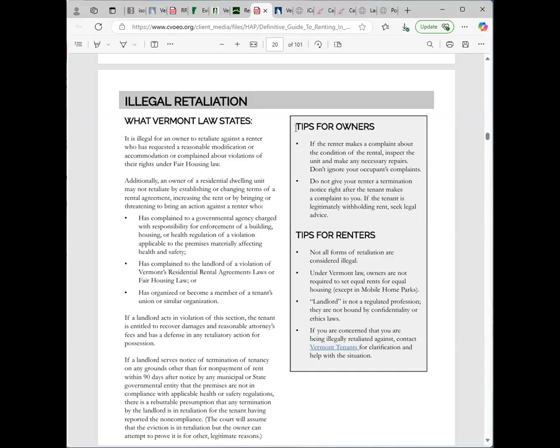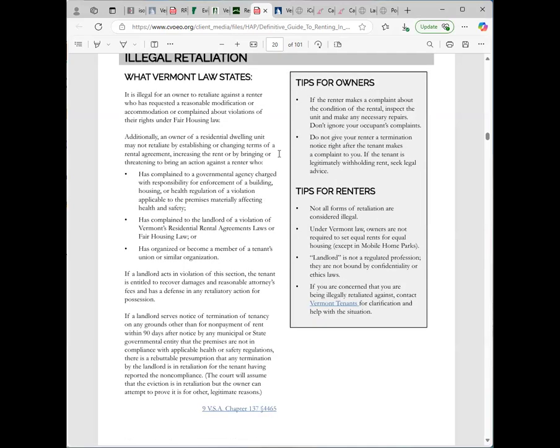And so in this case, I'm just looking for the time. So here it is. If a landlord serves notice of termination of tenancy on any grounds other than non-payment of rent within 90 days. So that's where it appears. Now, there's a time in all of them I've seen. If you've listened to the last episode on Nebraska, there is no time limit.